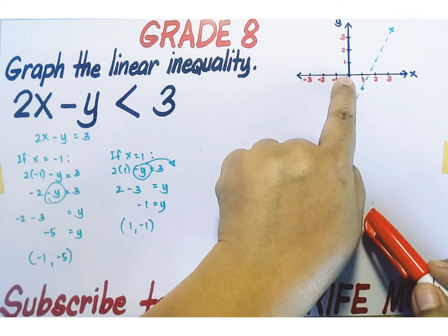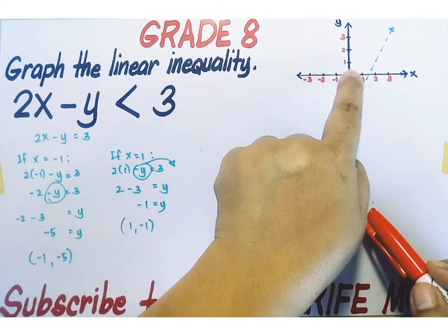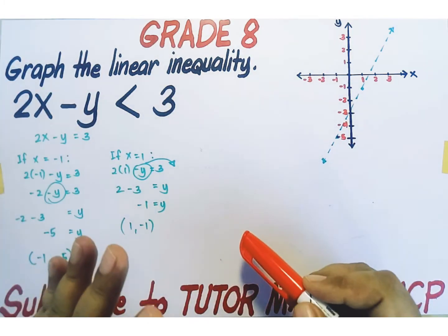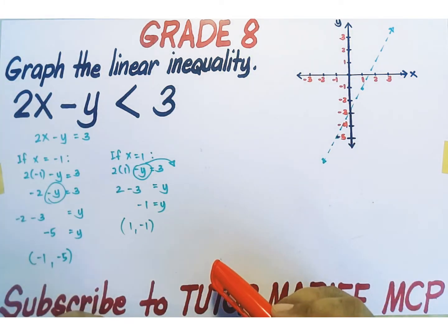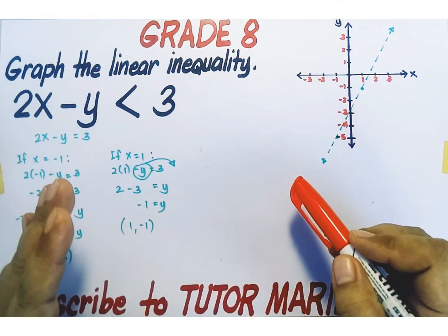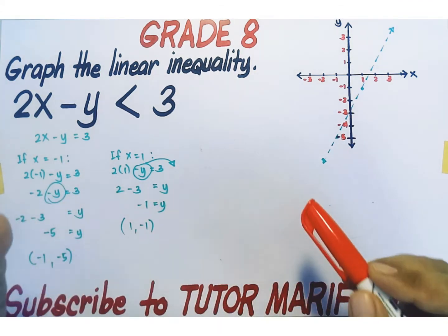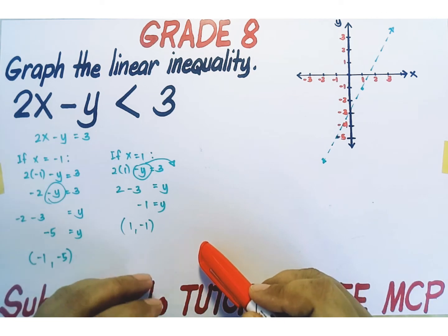Its coordinates are both 0. X is equal to 0, Y is equal to 0. Of course, you could pick other points than the origin because it really doesn't matter which test point you pick as long as it is not on the boundary line.